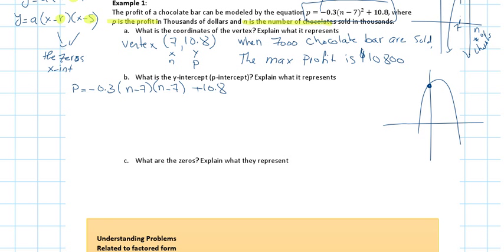Yes? Now I FOIL. After I FOIL, I have to distribute that negative 0.3 into the bracket.